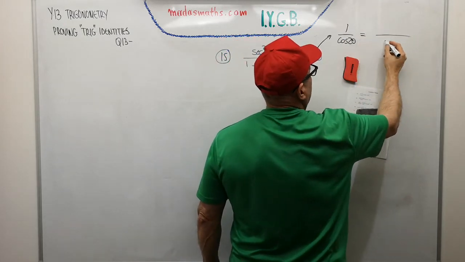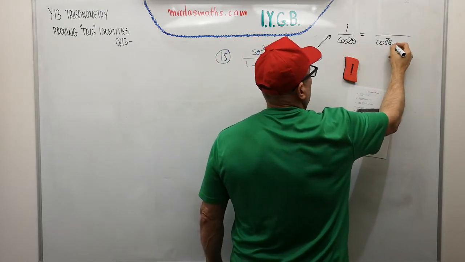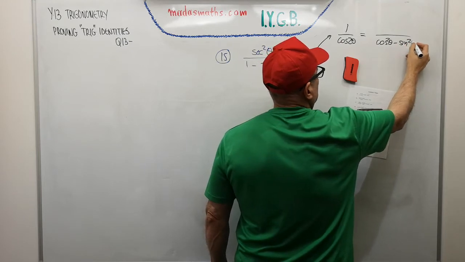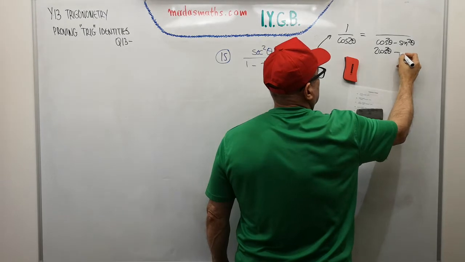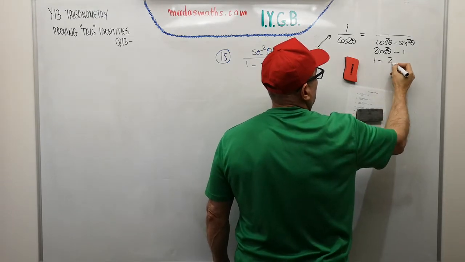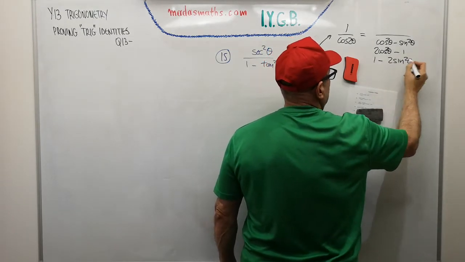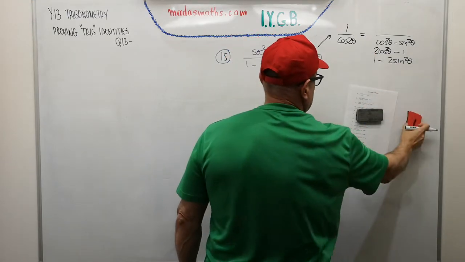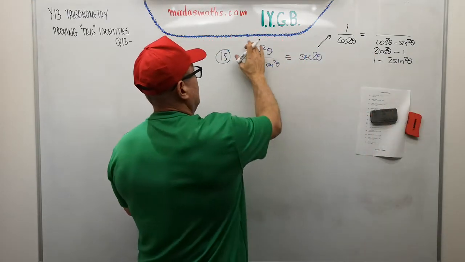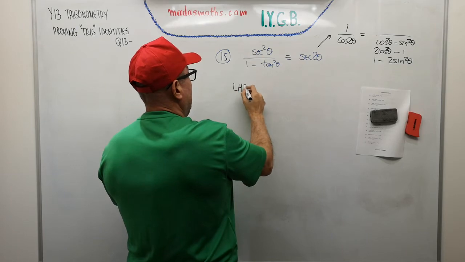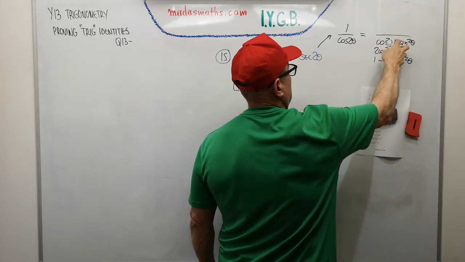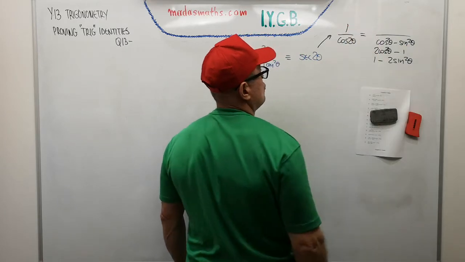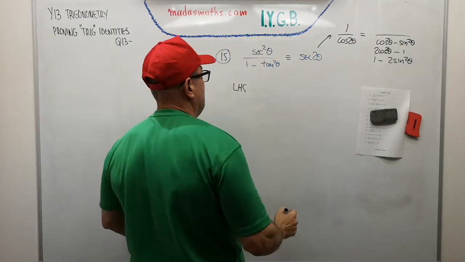It will either look as cos squared theta minus sine squared theta, or 2 cos squared theta minus 1, or 1 minus 2 sine squared theta. So essentially my target for this particular question is to start from the left and somehow end up with one of these 3, because this is in fact the cos of 2 theta, and if I have 1 over the cos of 2 theta, then that is my answer.